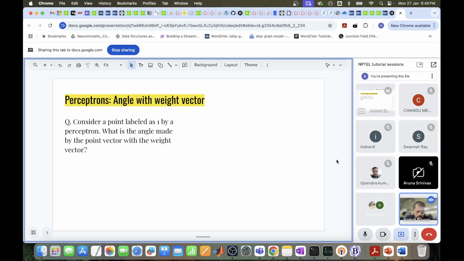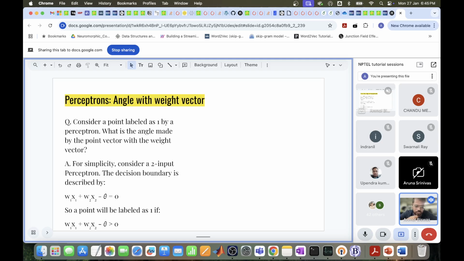The angle will be less than or equal to 90 degrees, and we'll see why that is. So like I said, for simplicity, you can consider a two-input perceptron, but the consideration does not change. The answer does not really change depending on how many inputs we are considering.